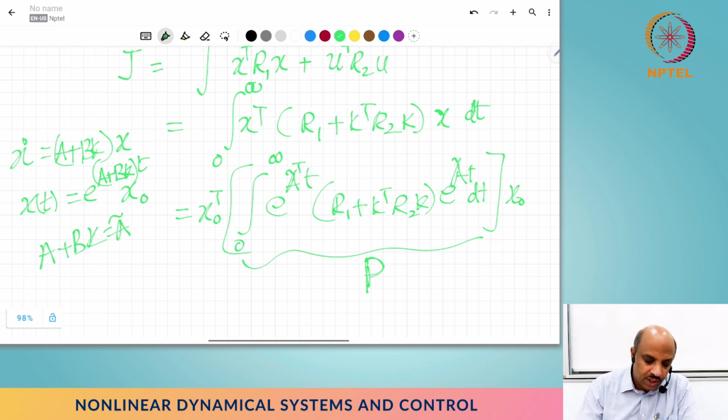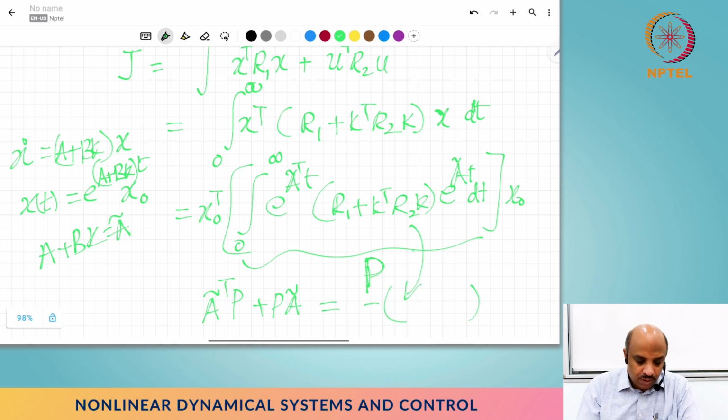Much more than that, we actually showed that if I take this P and compute A tilde transpose P plus P A tilde, then that will be nothing but this. How do I know that?